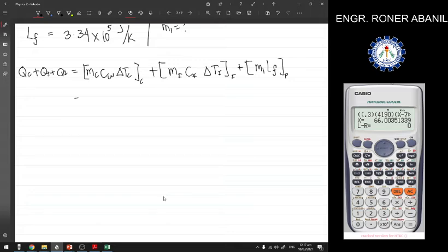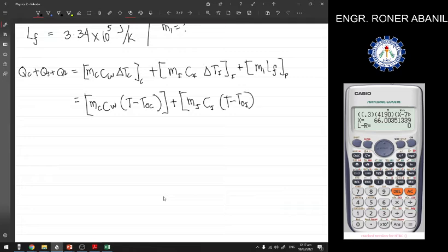Tapos pasok natin ngayon yung T. So, ito is magiging MC, CW, T minus the T initial nung cola, plus MI, CI, T minus T initial nung ice, plus MI LF.